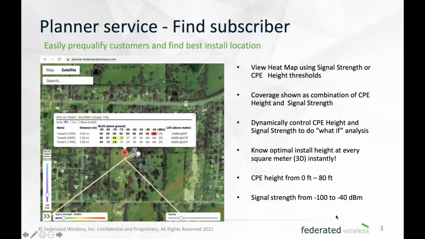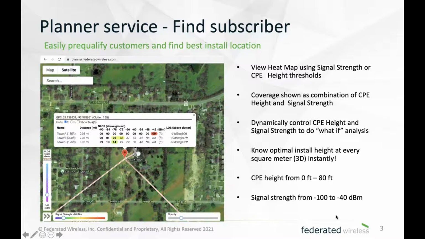The customer service representative can use heat maps to see the signal strength or CPE height deployment related detail, that, hey, at this height we can have the CPE deployed and we'll get this level of signal strength. And they can have a set script that if the answer is in X, Y, and Z range, the customer service representative can give the customer a reply, yes, we will be able to provide you that service.